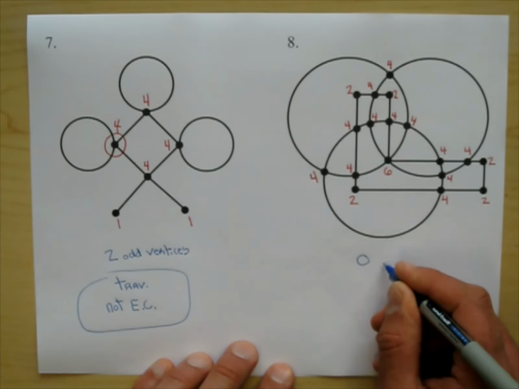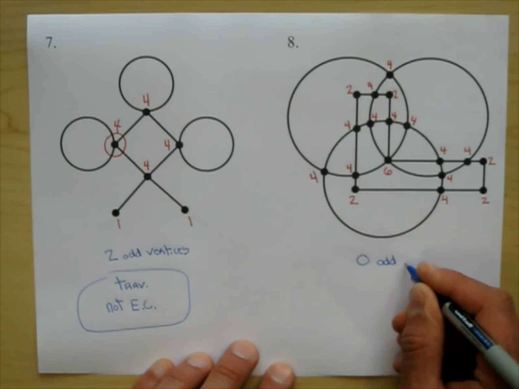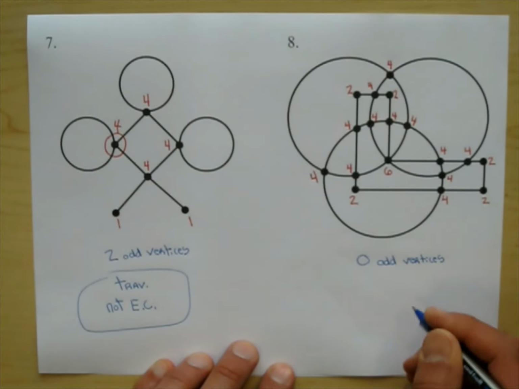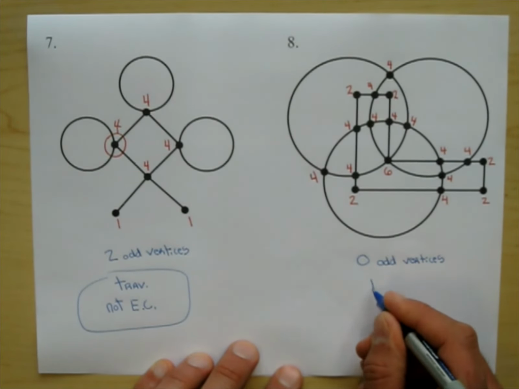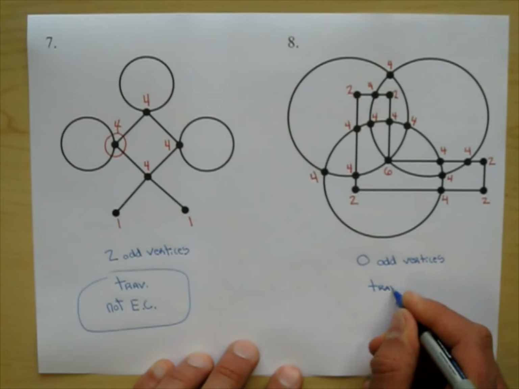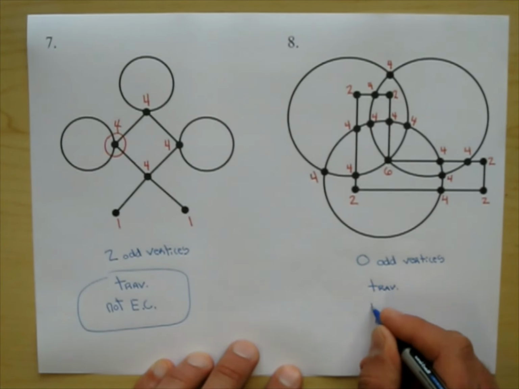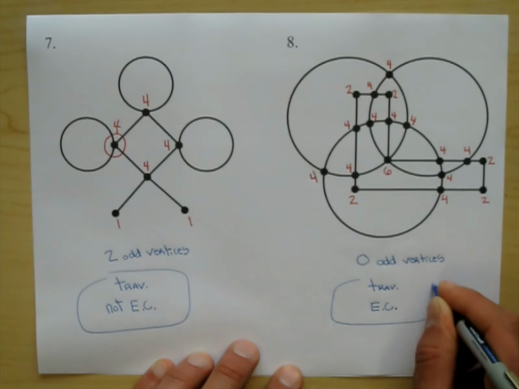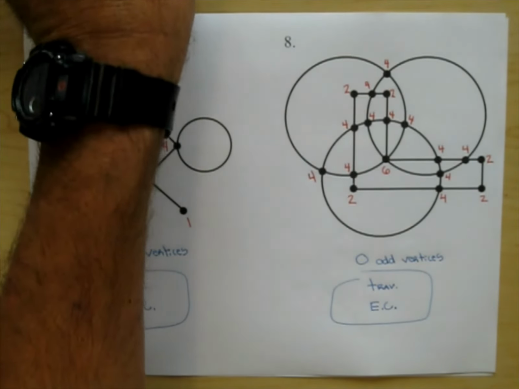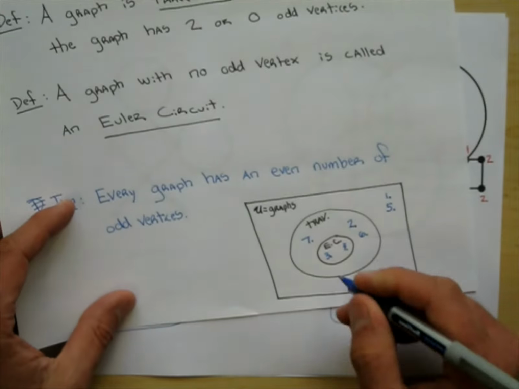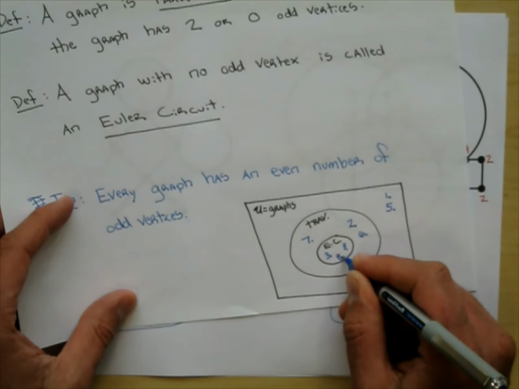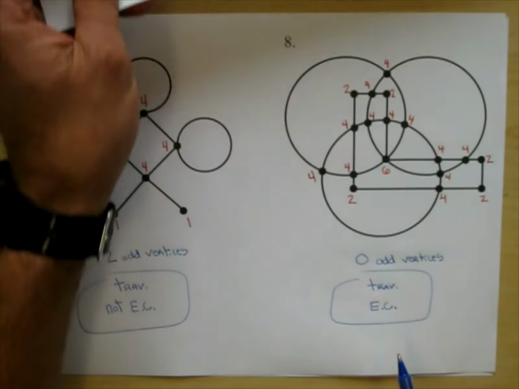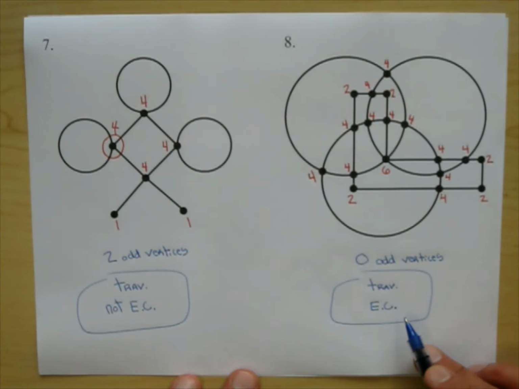You have 0 odd vertices, which means this graph is traversable, and it's also an Euler circuit. And so what do we have here? This one, number 8, lives right in the middle of that Venn diagram. You don't have to do this Venn diagram when you're doing your homework. You just have to answer yes, yes.